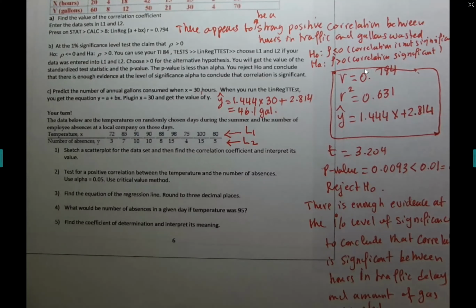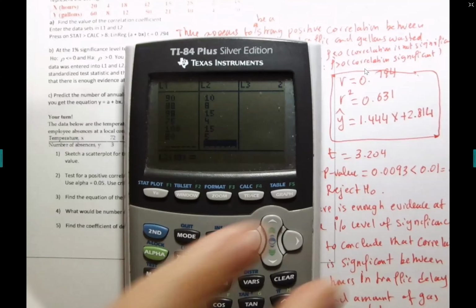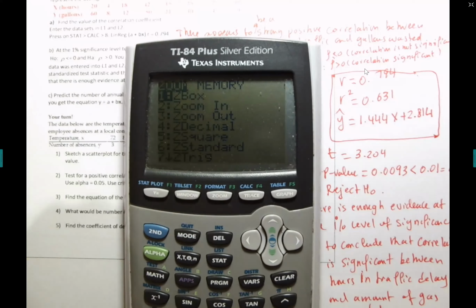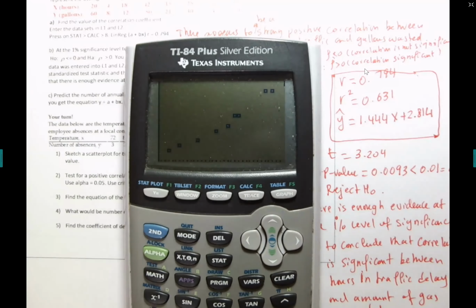Sketch the scatter plot for the data and then find the correlation coefficient and interpret its value. Okay, let me show you how to sketch it. Zoom number 9. So you guys can agree with me, as the temperature rises outside, people tend to take more days off, number of absences increase because it looks like it's pointing up.